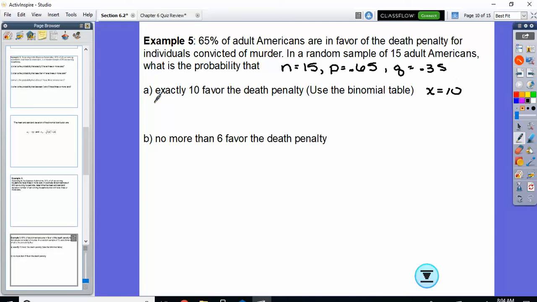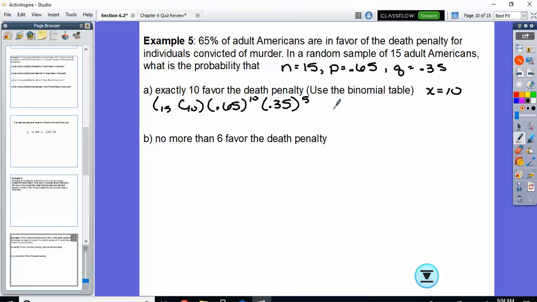So if you were doing this by hand, if you look on your formula sheet for the binomial, it says N choose X, so it would be 15 choose 10, which we did on the calculator. P, 0.65 to the X power, 1 minus P, or Q, to the N minus X, so 15 minus 10 is 5. In other words, 10 say yes and 5 say no.